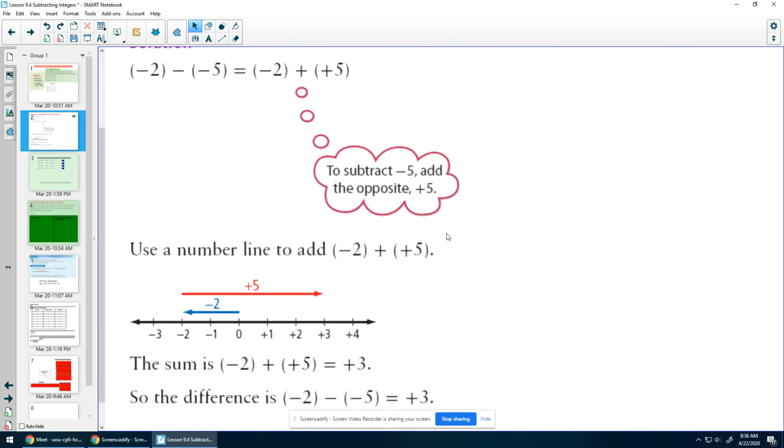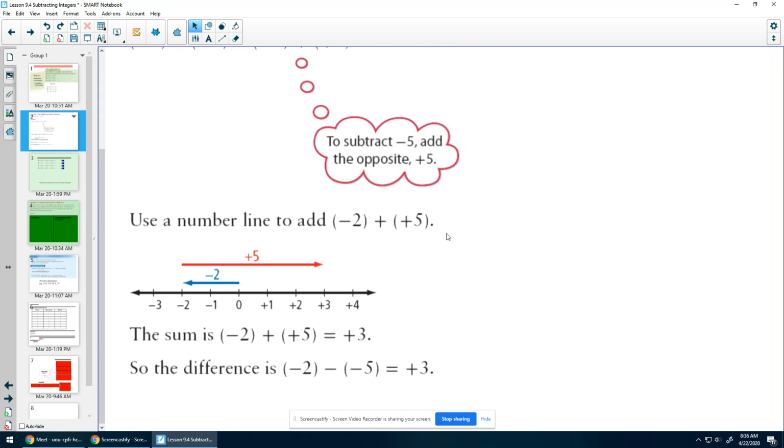And then we can use a number line to add, which we learned last lesson. Starting at 0 always, we show our -2. From our -2, we add +5. That leaves us with +3. So the sum of -2 plus +5 is +3. So the difference of our original, -2 minus -5, equals +3.